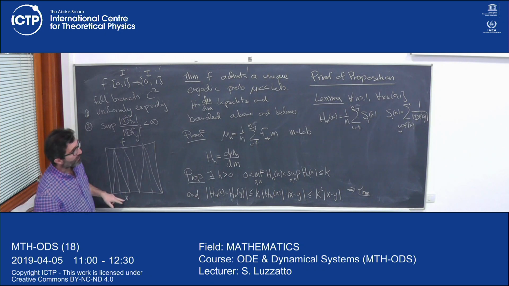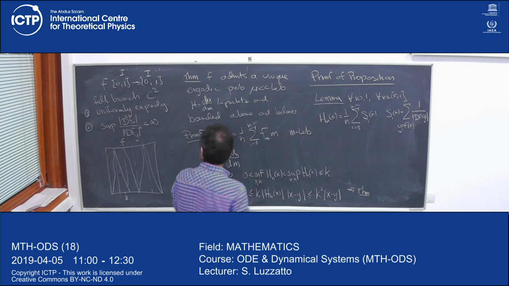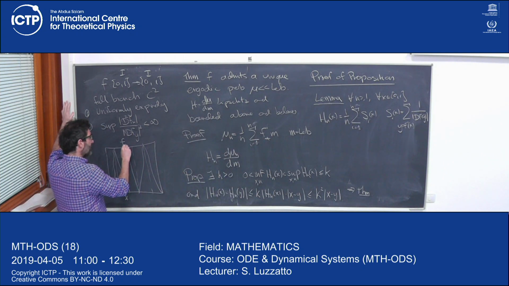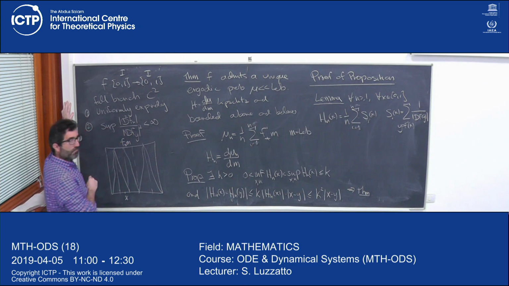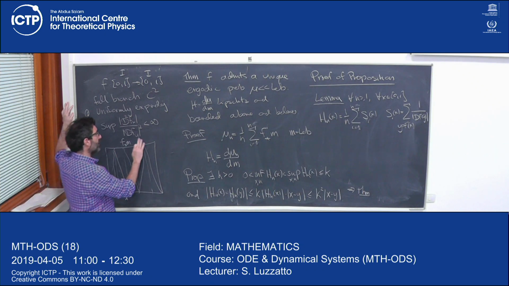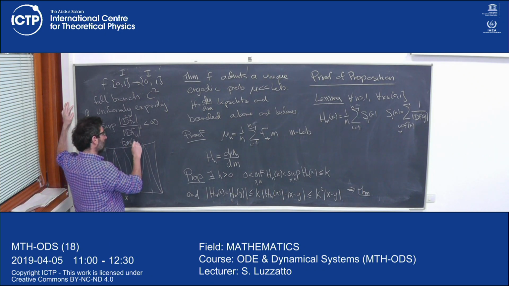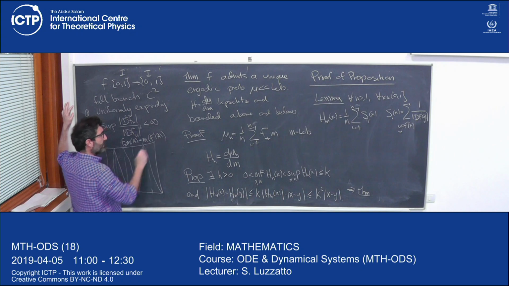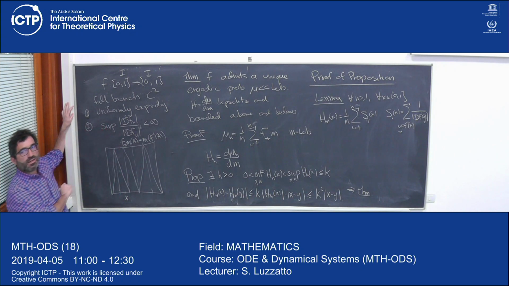We want to calculate the density of f star m. So what is the measure f star m? How is the measure f star m defined? Remember that the measure f star m of some set A is by definition equal to the measure m of f minus 1 of A. Okay, this is the measure f star m.